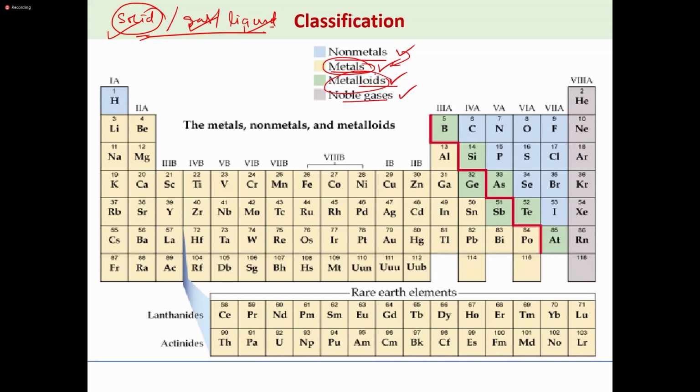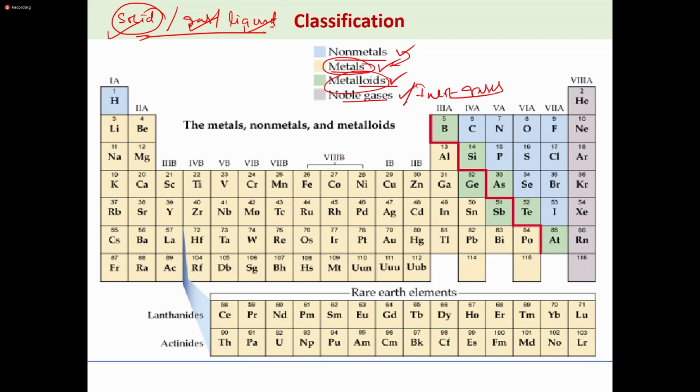And noble gases are gaseous elements that are inert. They cannot react with other elements. They are happy with each other and do not want to interact with others. That's why they are called inert gases, or somewhere noble gases.